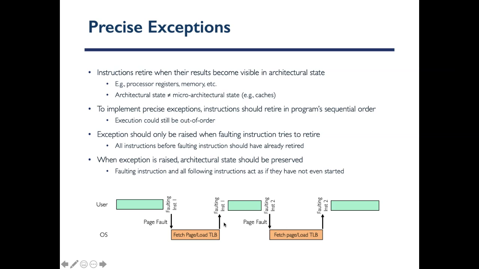When you're done here, you go back to the faulting instruction and re-execute it. Let's say you get another fault here. Again, the same happens. Every time you come back, you execute the faulting instruction. And this all is possible if you have precise exceptions implemented in your hardware.